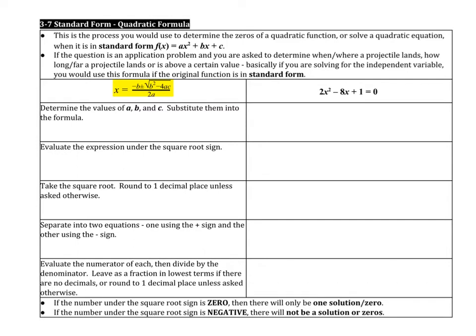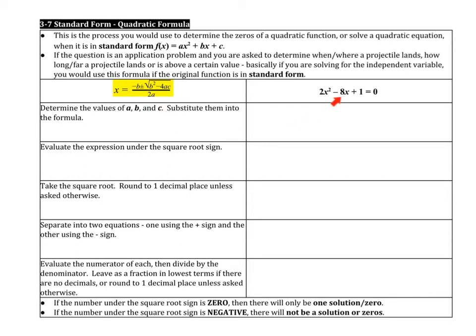So once that is ready, what you're going to do is determine the values of a, b, and c, because those are what get substituted into the equation. The a is the number in front of the x squared, just the number, not the x squared. So the a is 2, and it gets substituted into here and here where the a is.